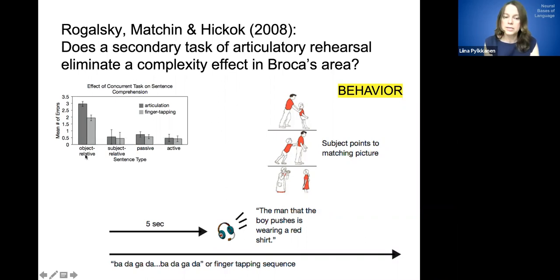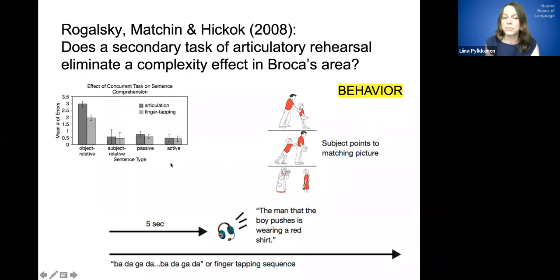Okay, so here are their results. These object relatives refer to the difficult sentences that are hypothesized to require the articulatory rehearsal. And then we have three types of easier sentences. The darker bars are the articulation cases, and the lighter bars are the finger tapping control task. As you can see, the two secondary tasks do not have any particularly reliable effect for the easy sentences.